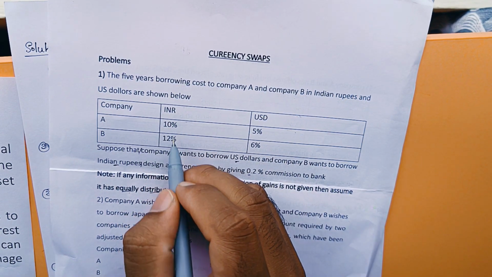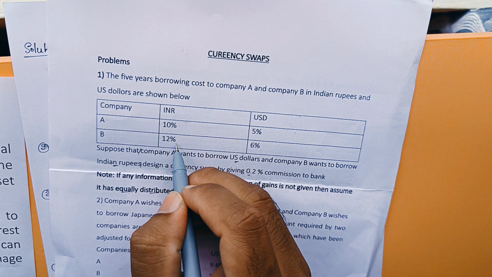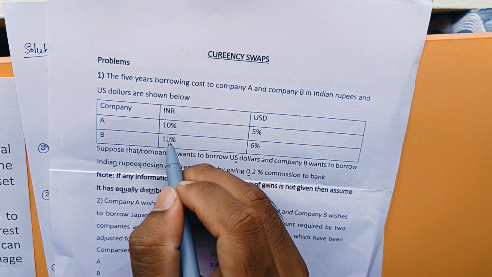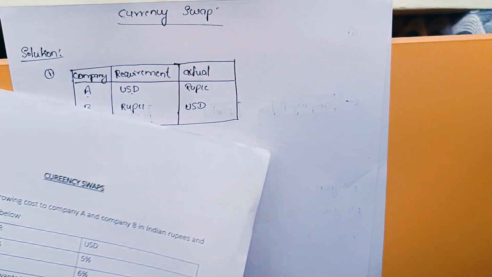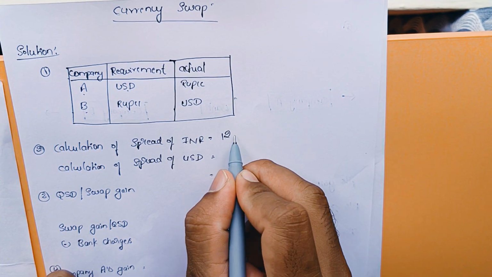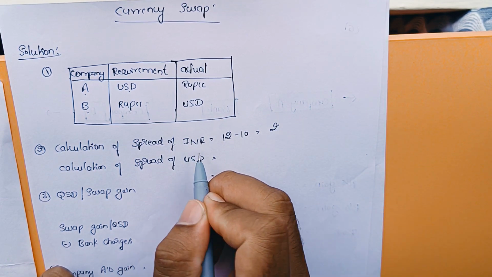Spread is nothing but the difference of these two. Take whichever is the higher. Don't take minus values. Take 12 minus 10, since 12 is higher. 12% minus 10 will get 2. That is the Indian rupee spread.